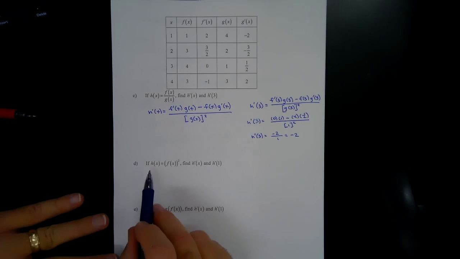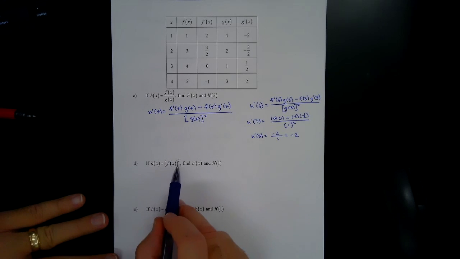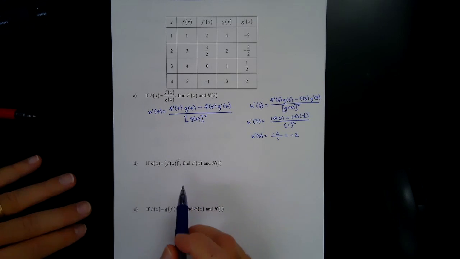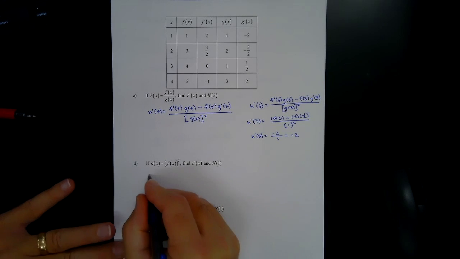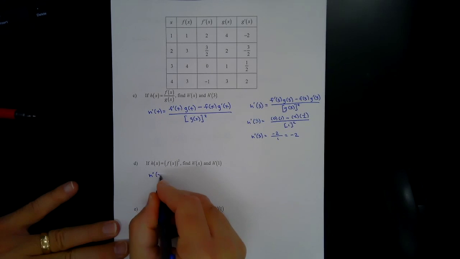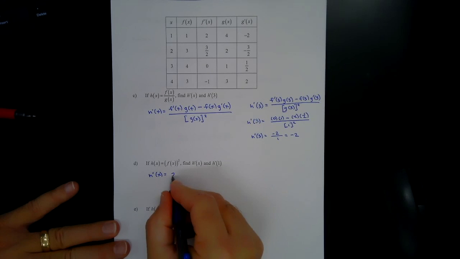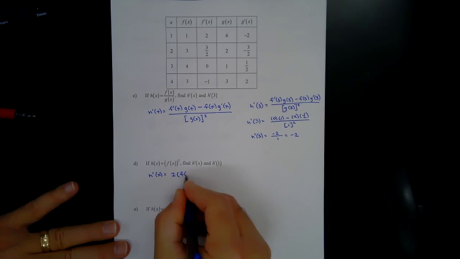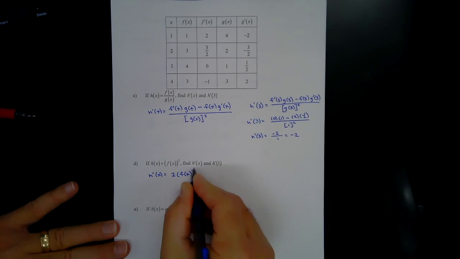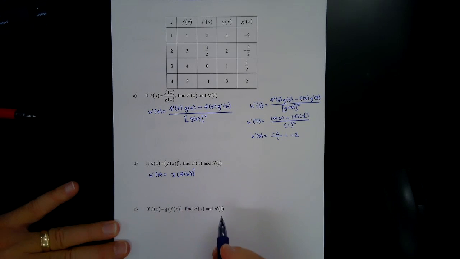So this next one is h of x is equal to the square of f of x. Okay, so we have to apply the chain rule to this. So h prime of x would be equal, so we got to take the derivative of the second power function, which would be 2 times f of x raised to the first. You would not have to write the first.